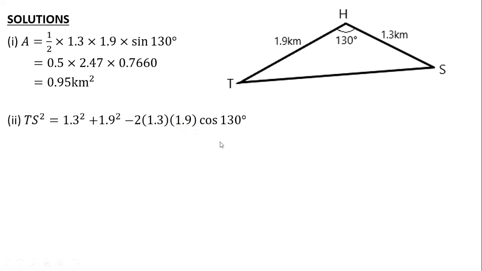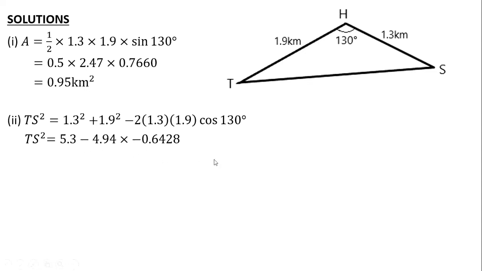Calculate the distance TS. So TS squared equals 1.3 squared plus 1.9 squared minus 2 times 1.3 times 1.9 times cos 130 degrees. If you square 1.3 and add 1.9 squared, you get 5.3. If you multiply negative 2 times 1.3 times 1.9, you get negative 4.94.